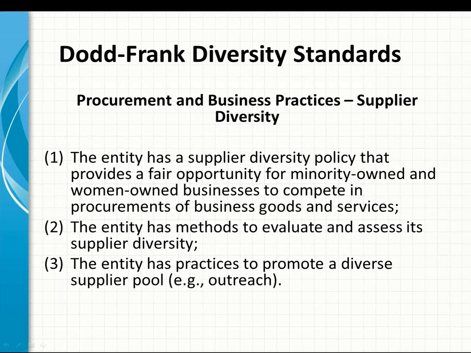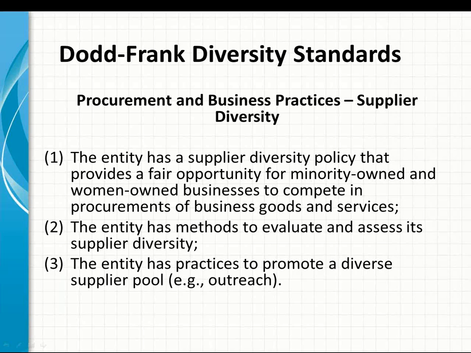Now this includes all types of contracts, including contracts for the issuance of guarantee of any sort of debt. Again, the entity also has to have some sort of method to evaluate and assess its supplier diversity, and it needs to promote a diverse supplier pool by doing outreach, reaching out to educational institutions, or participating in conferences, workshops, and other events that would attract minority-owned and women-owned businesses.